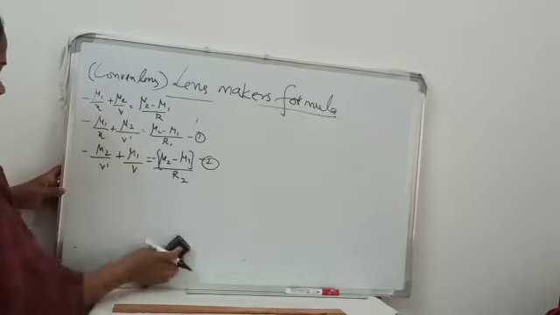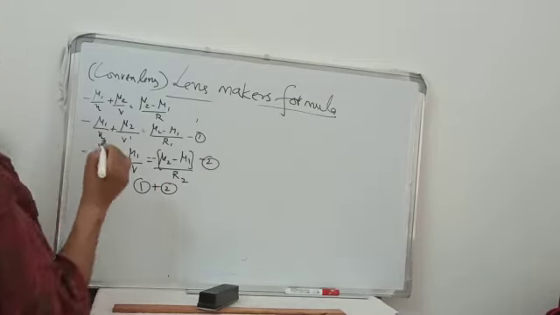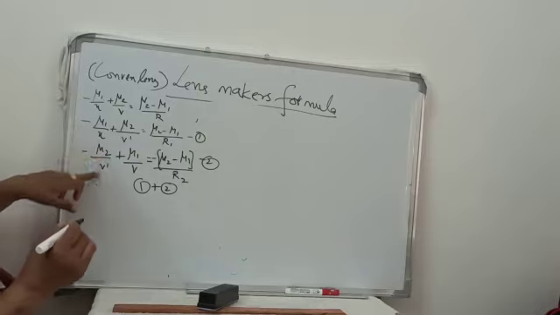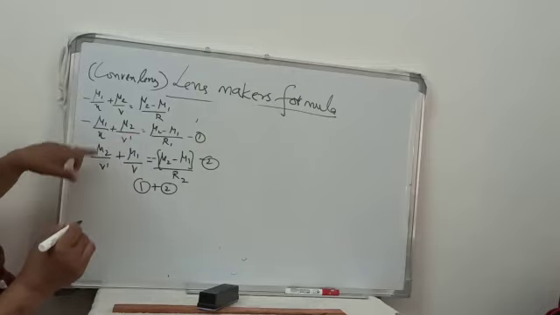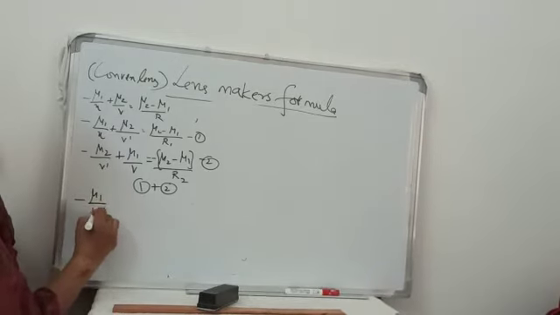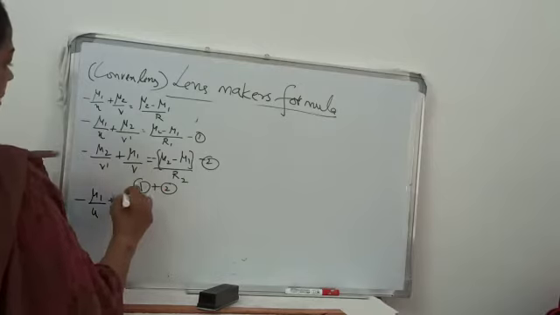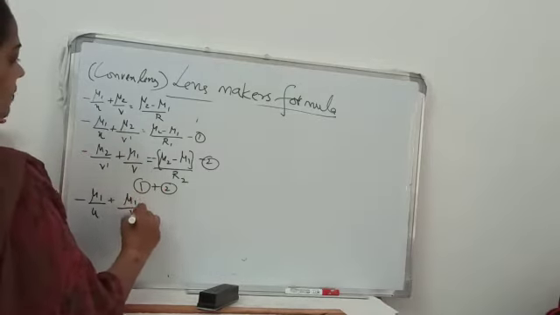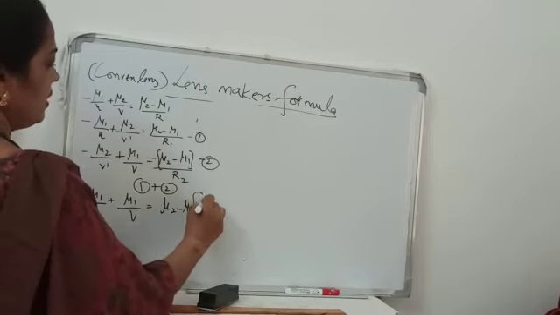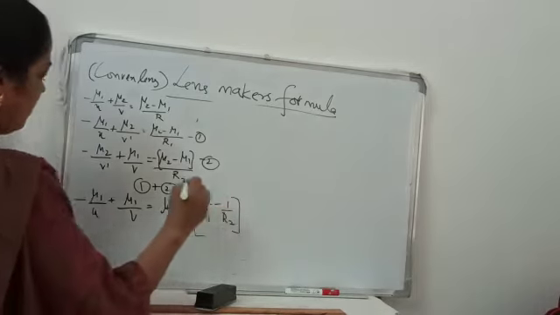Now, let us add 1 and 2. This is minus mu2 by v dash and this is plus mu2 by v dash, so it gets cancelled. The remaining will be minus mu1 by u plus mu1 by v equal to mu2 minus mu1 into 1 by r1 minus 1 by r2.